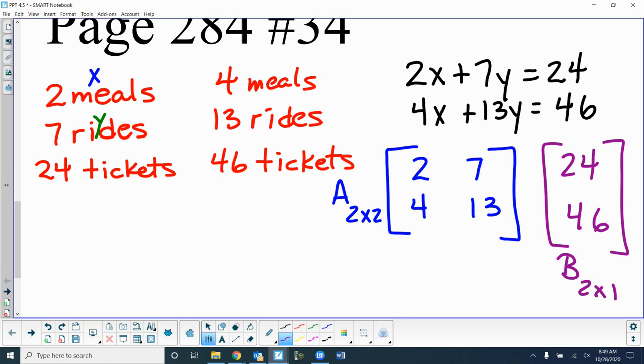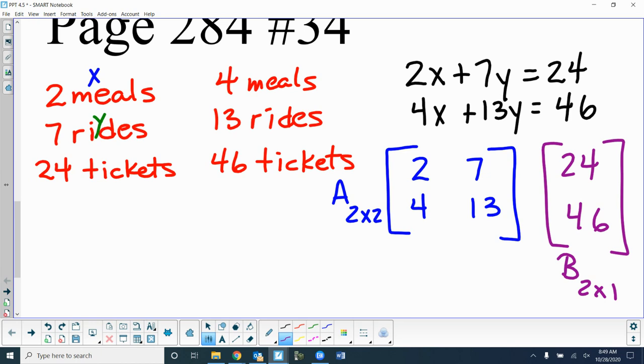Okay. If one of these was negative or a minus sign, then this would be a negative 13, let's say, if that was minus. Okay. If something's missing, maybe it said, 4 meals was 46 tickets. What's your coefficient for Y then? Because not one there.